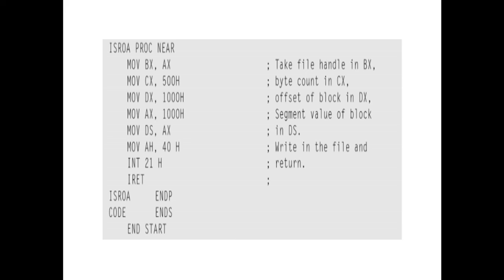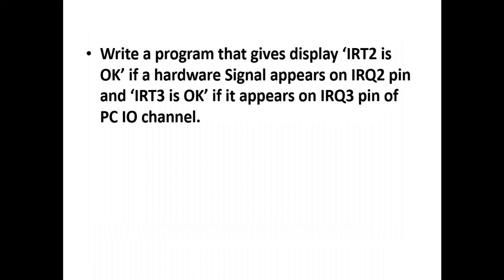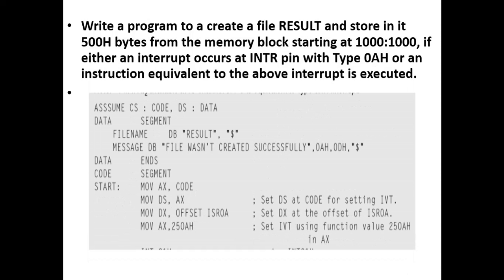After writing the file, we have to return to the main program, so we use IRET. It stops the execution of the procedure and returns back. Then the stop label indicates the end of the program. So this is the program for interrupt programming. Thank you.